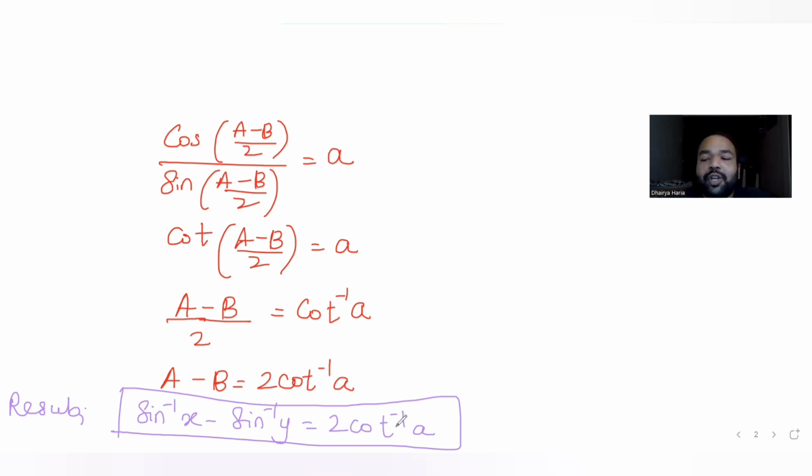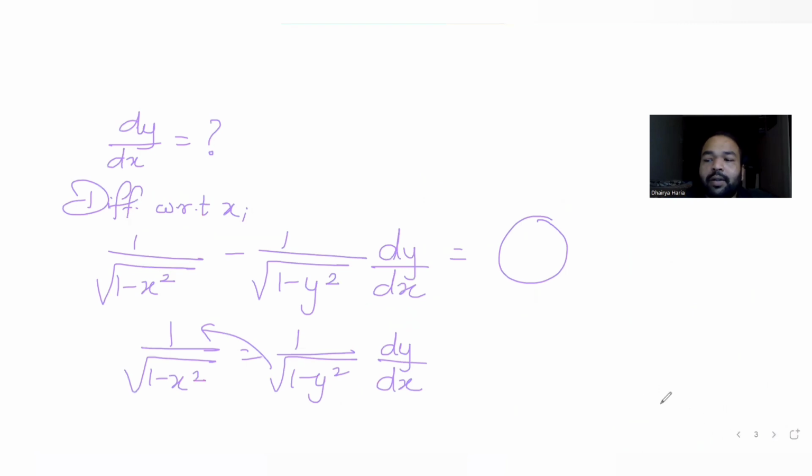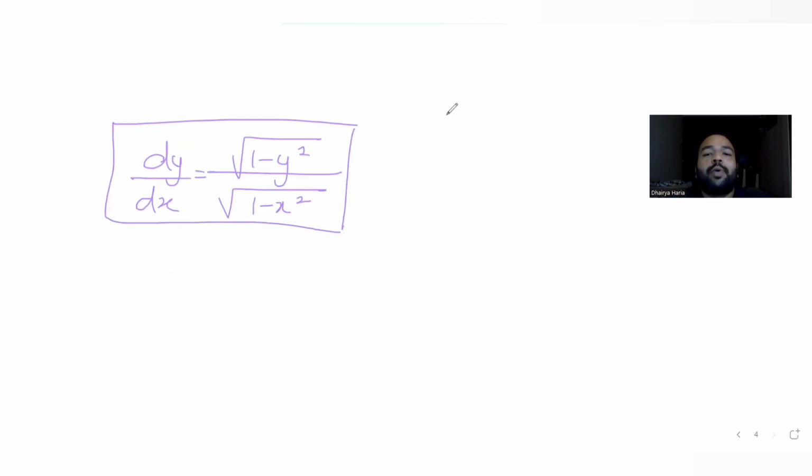Then we differentiated with respect to x, and dy by dx turned out to be root of 1 minus y square upon root of 1 minus x square. That matches the option given to us, that is A. So the correct answer for this question is A.